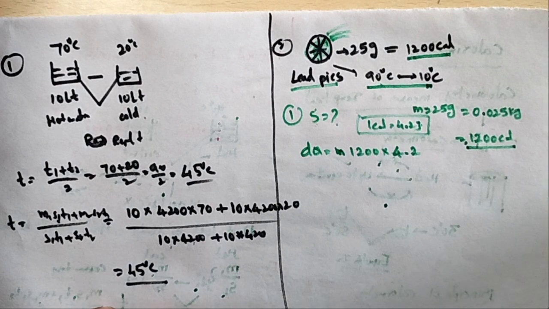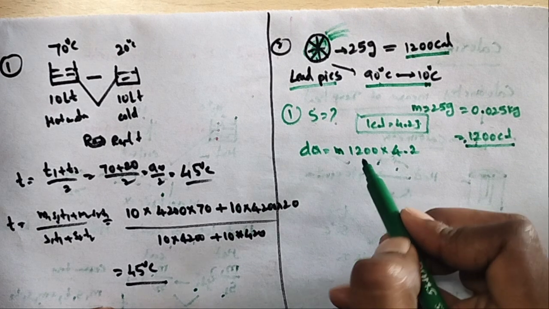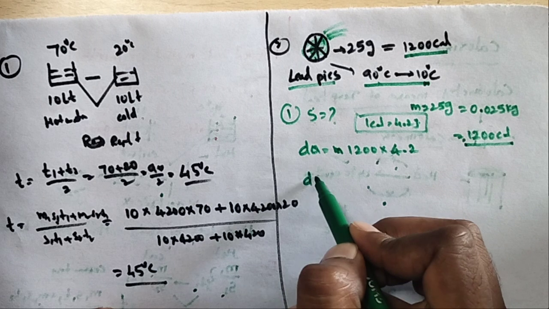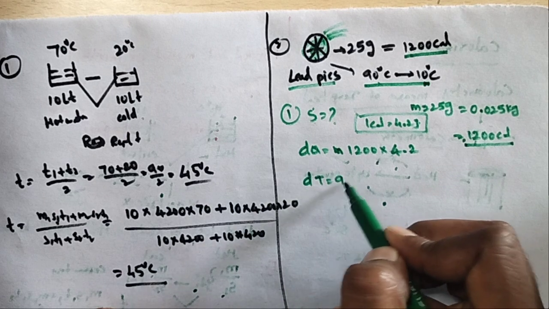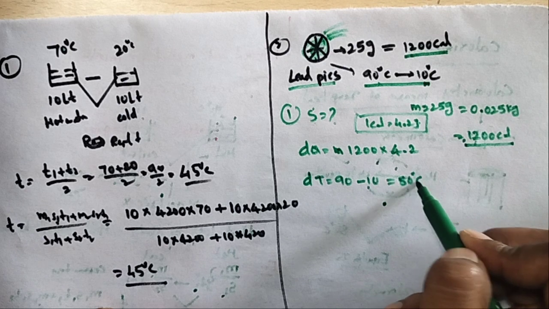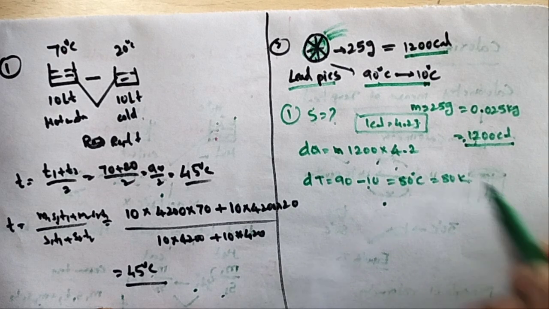Please remember, 1 calorie is equal to 4.2 joules. So 1200 into 4.2. And the fall in temperature, delta T: 90 degrees minus 10 degrees, so the fall in temperature is 80 degrees, or 80 Kelvin also.